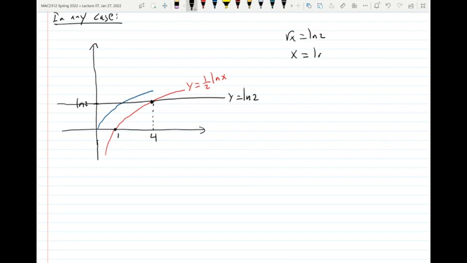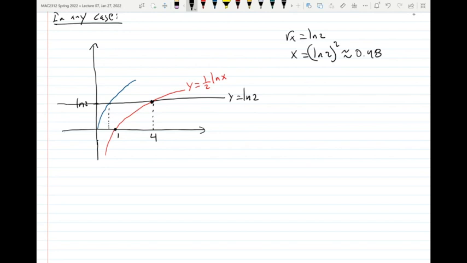So x is gonna be ln of 2 squared. So that's about 0.48. So you see, the square root function is super slow. I mean, the ln function is super slow.